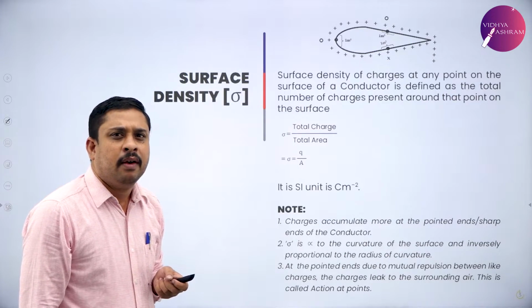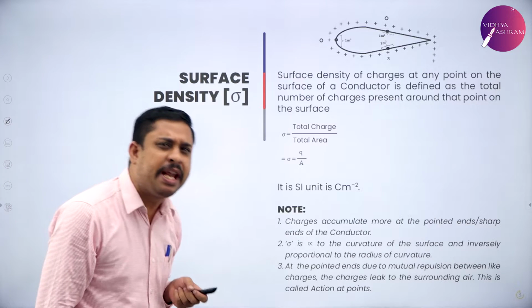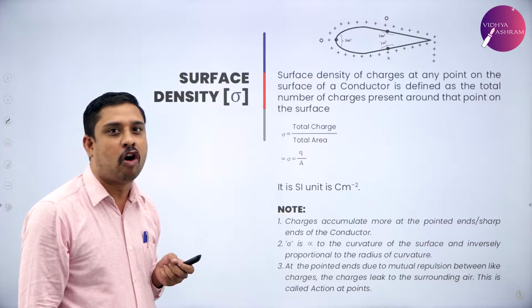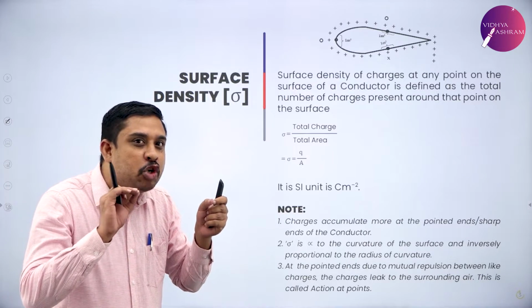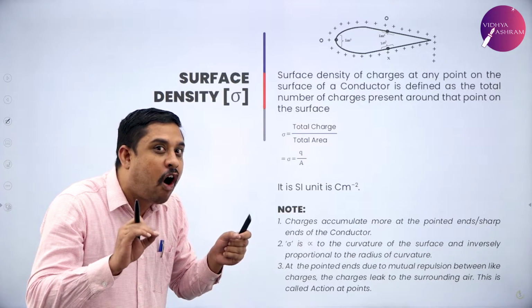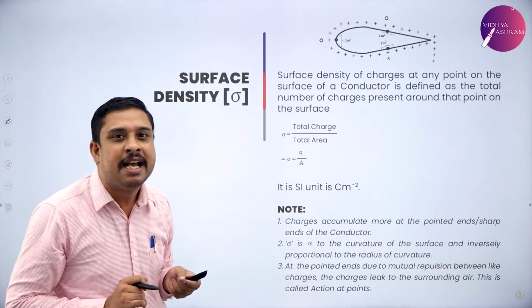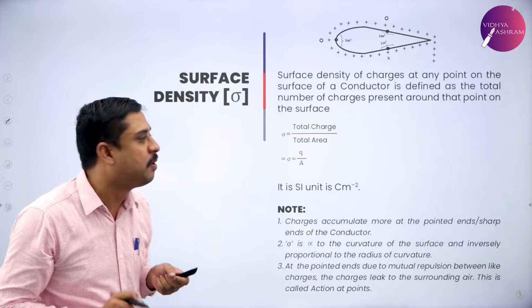Now, we study three very important definitions to understand Gauss law, because the geometry of the Gaussian surface considered depends upon the definitions here.